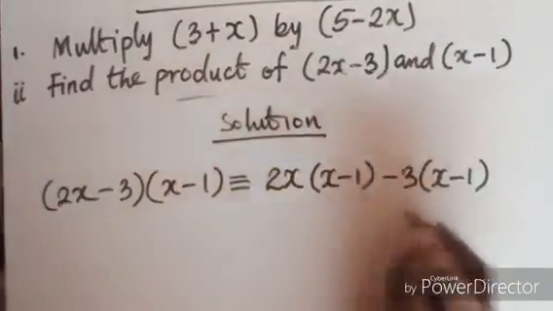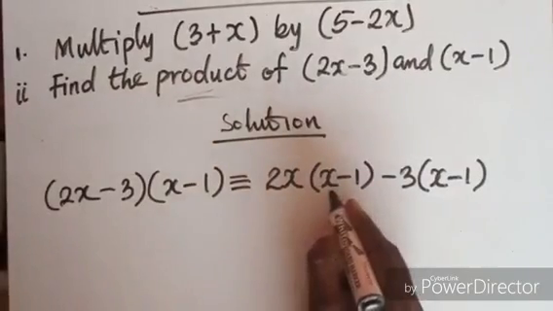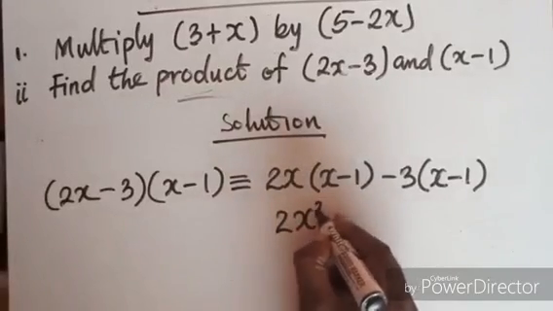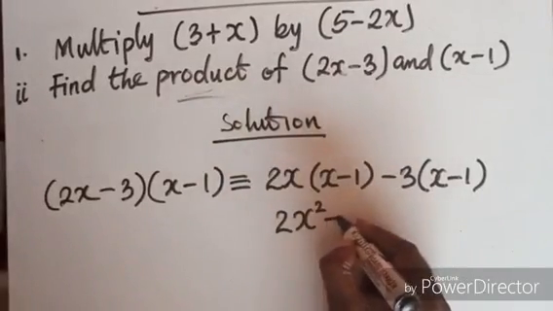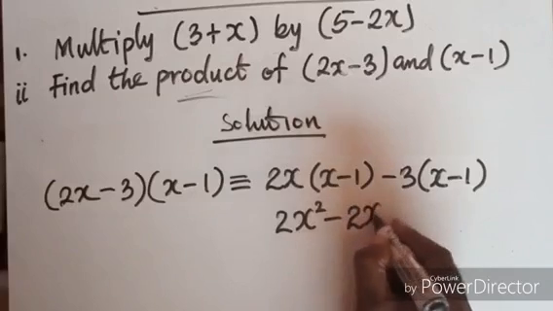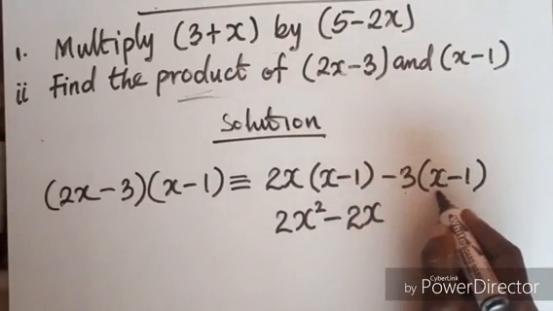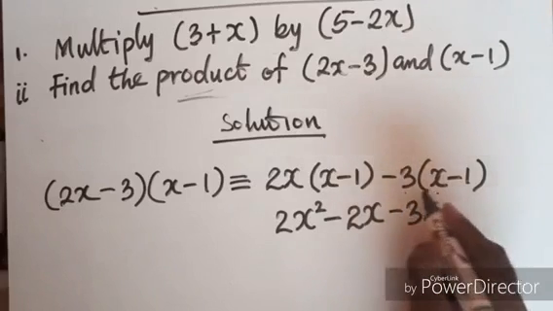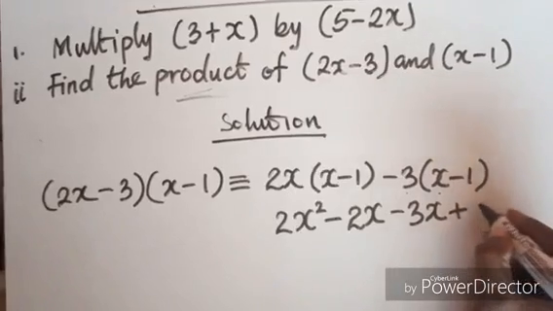So what happened is that I open the bracket now. 2x times x is going to give me 2x squared. Then 2x times minus 1 is going to give me minus 2x. Then minus 3 times x is going to give me minus 3x, and negative 3 times negative 1, we say when we multiply negative by negative we get positive, so you're going to get plus 3.